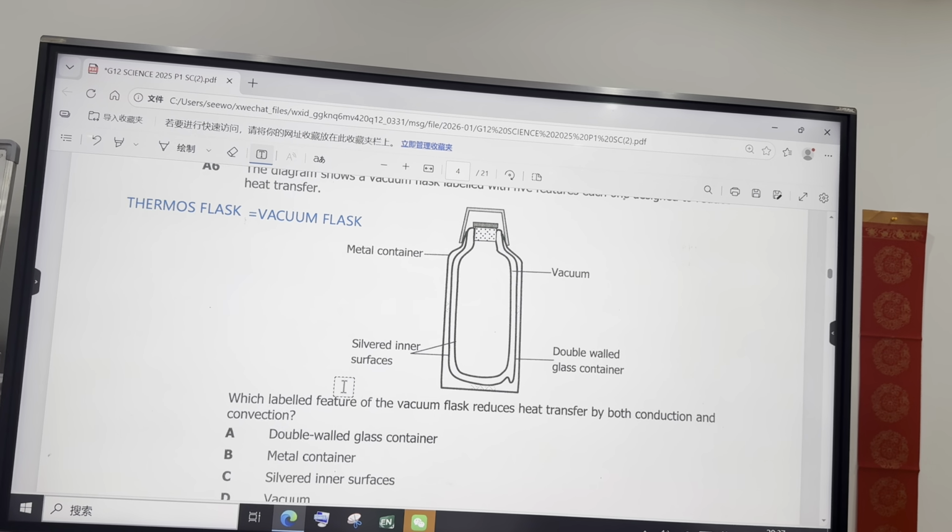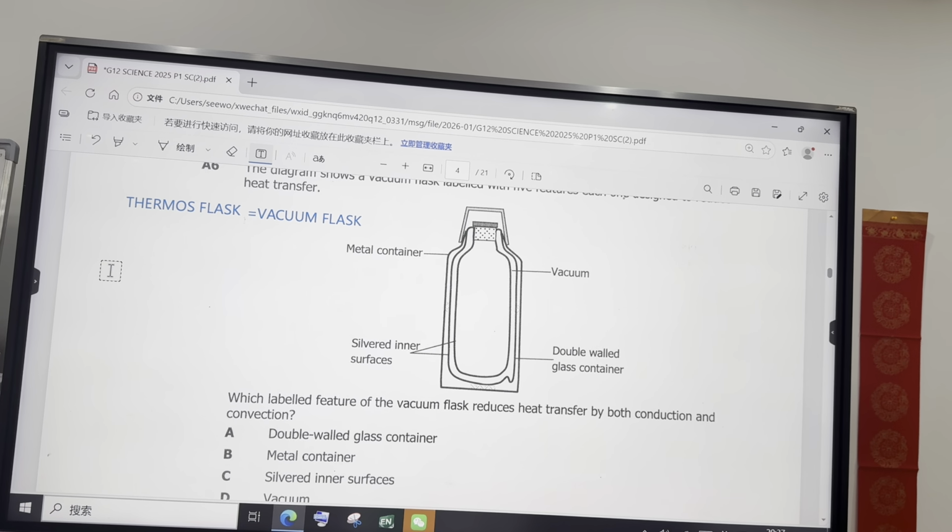period of time. So here the question says, which labeled feature of the vacuum flask reduces heat transfer by both conduction and convection? Okay, so both conduction and convection. First of all, you should also know that there are three modes of heat transfer. So we have 3 modes by which heat can be transferred.